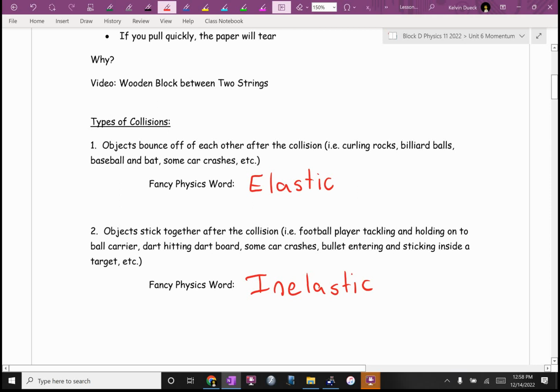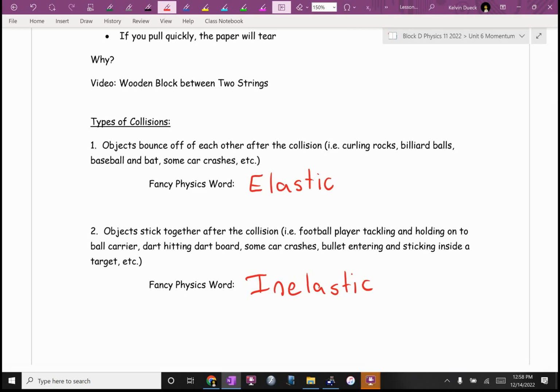I will tell you two cars collide elastically. What I've just told you is afterwards they did not stick together. Or I'll say two vehicles collide inelastically. What I've just told you is they stuck together. Okay? There's a bit of a problem here. If I say we have an elastic collision and I say it really fast, it's tough for your ear to tell, did he say we have an elastic collision or did he say we have inelastic collision?